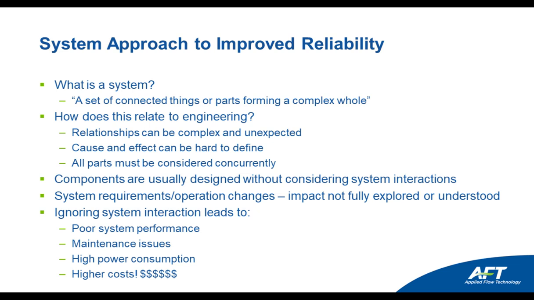A lot of times engineers will focus on one specific component, and there's a lot of information you can miss, and so when you're able to look at things all together as a whole, you're going to gain a much better understanding from that. So that's one of the key things, is that components are usually designed without considering system interactions, and that can lead to some potential issues.